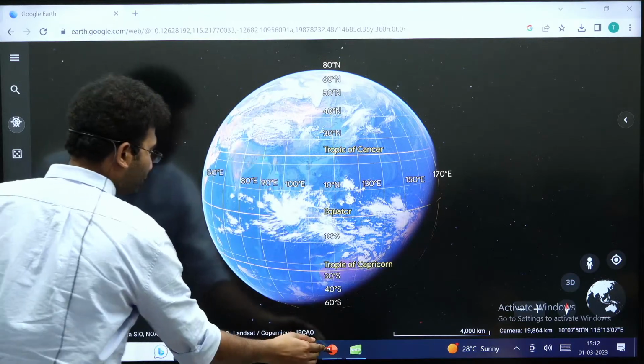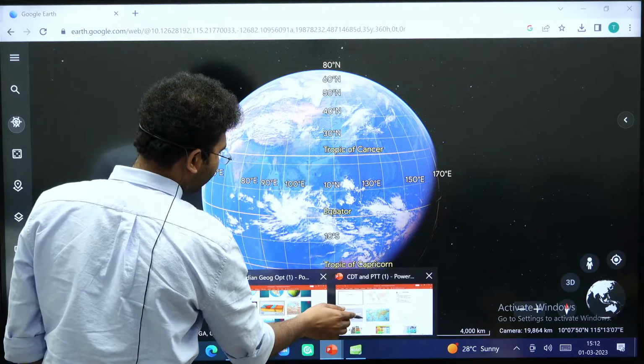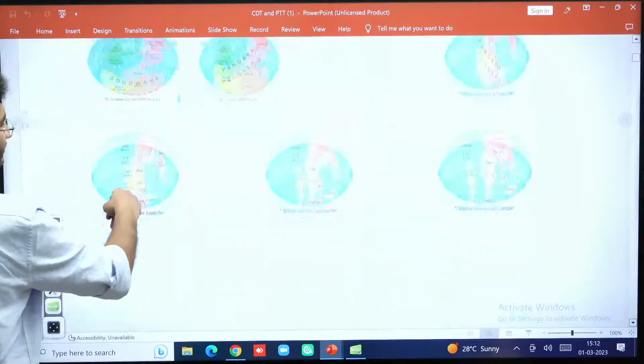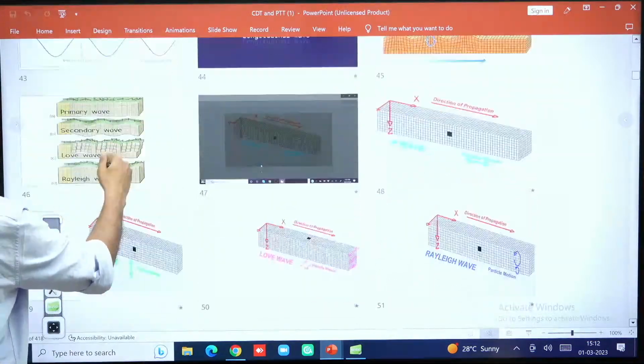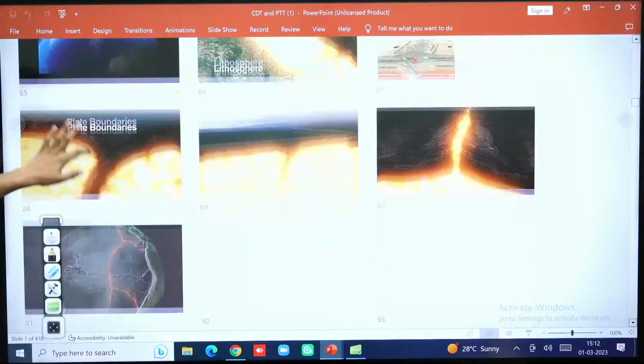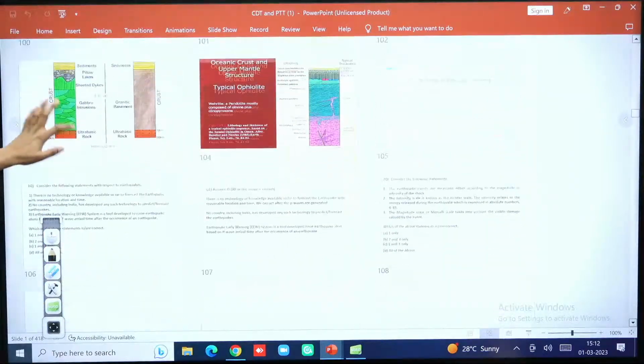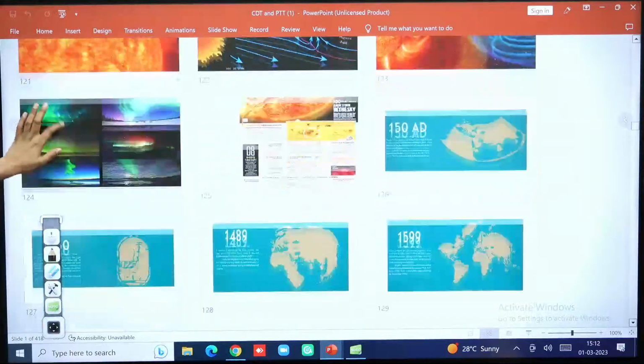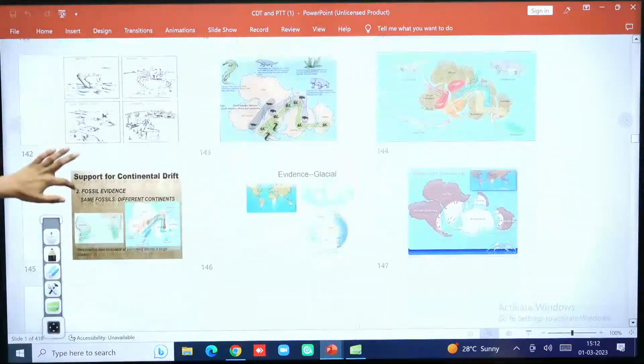Now, to show you the different kinds of plates that are present, let me show you an image which gives you an understanding of the plates as well. What are the different types of plates? Firstly, you need to be aware of that. See here, just give me a minute.